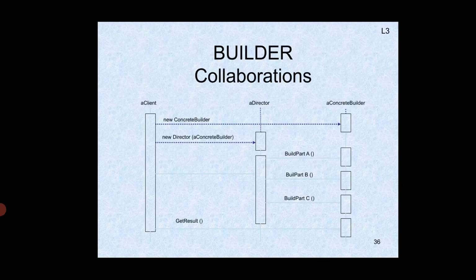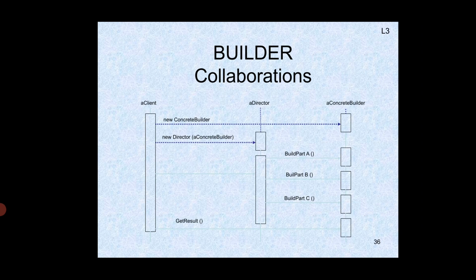And coming to the third consequence, it gives you finer control over the construction process. Unlike other creational design patterns, the builder pattern constructs the product step by step under the director's control.